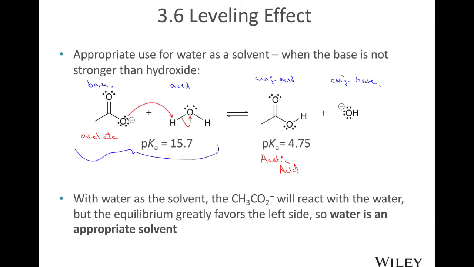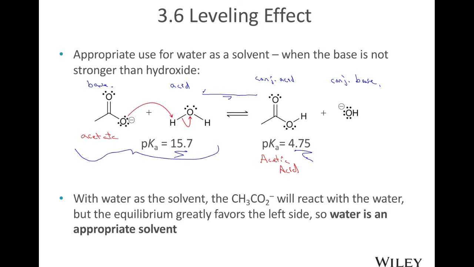Alright, so what it's asking us here is, would water be an appropriate solvent to dissolve acetate? Can I dissolve acetate in water, and will it be affected by the leveling effect? If we take a look at the equilibrium here, we look at the pKa of the acid, water, which is 15.7, and my conjugate acid, acetic acid, which is around 4.75, I can see that water is a much weaker acid than acetic acid, so my equilibrium is going to lie to the side of the weaker acid, so it's going to lie hard to this side.